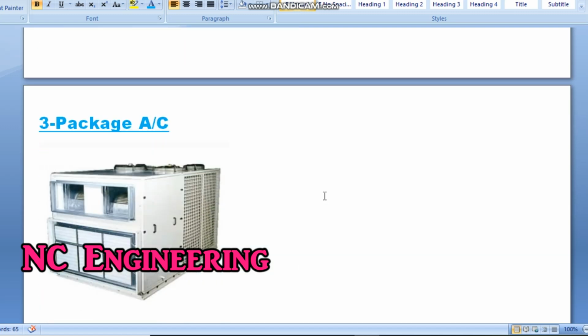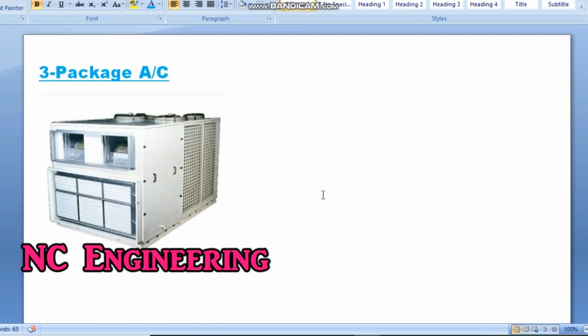We have another one, the package AC. This is normally used for commercial purposes, like big halls, cinemas, supermarkets and malls. We keep this package unit on the rooftop or beside these malls, and we make the ducting connection from it.